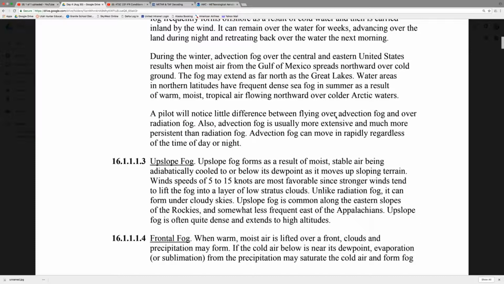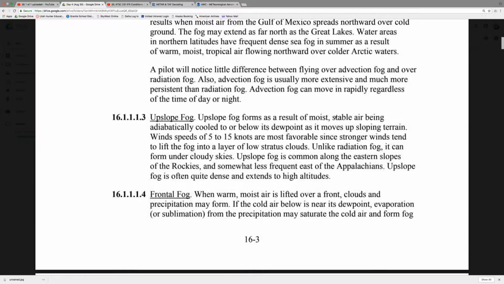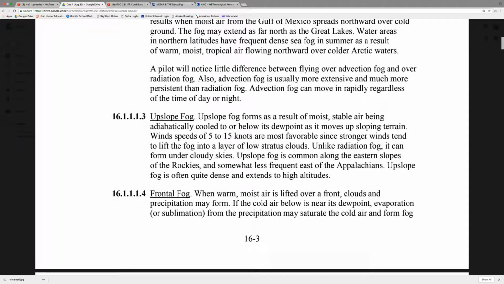And it doesn't burn off the same as radiation fog. Like there's certain cities where you're like, oh, that fog will be gone in 40 minutes, and it'll be gone in 40 minutes. There's some, when it hits San Francisco, it's like, well, next 4 hours are shot, just prone to that advection fog.